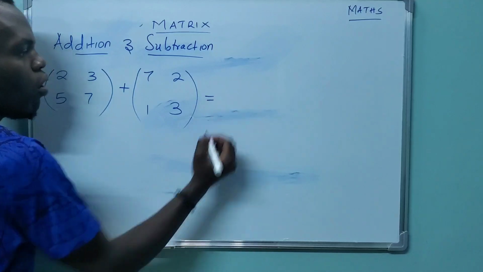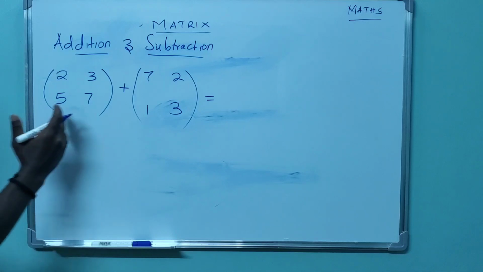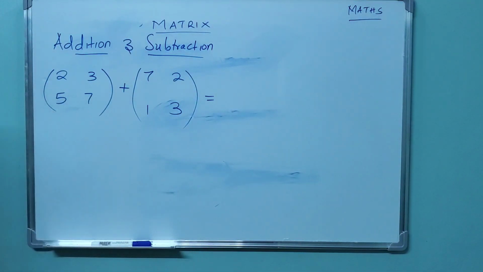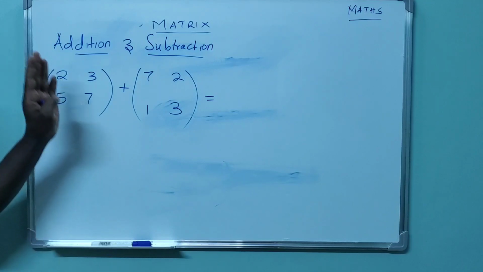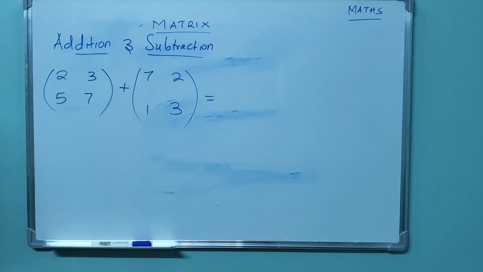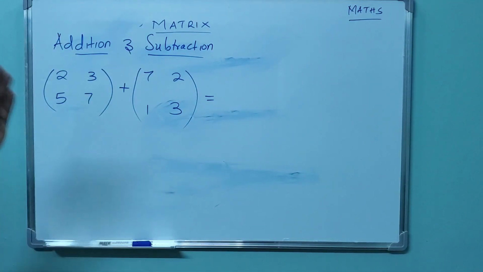The only way you can add matrices is that you have to make sure the 2 matrices you're adding or subtracting have the same number of columns and rows. In our case here, we can add both of these 2 matrices because they have the same number of rows and columns. Both of them have 2 rows and 2 columns, which means this one is a 2 by 2 matrix addition.